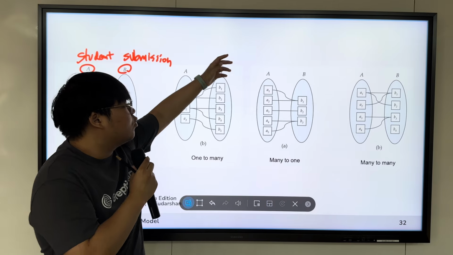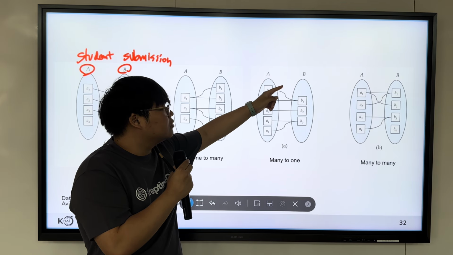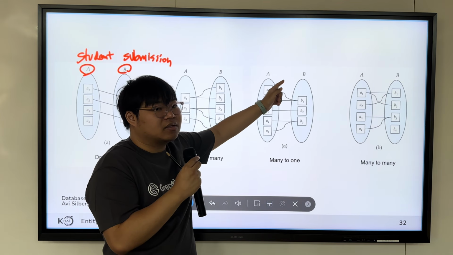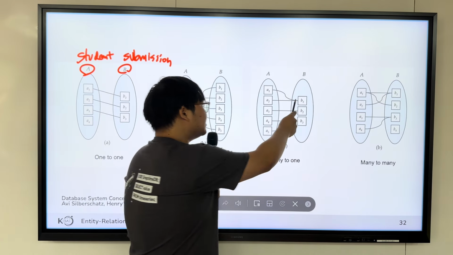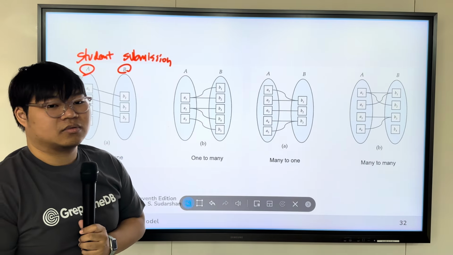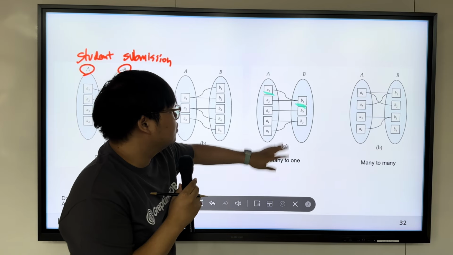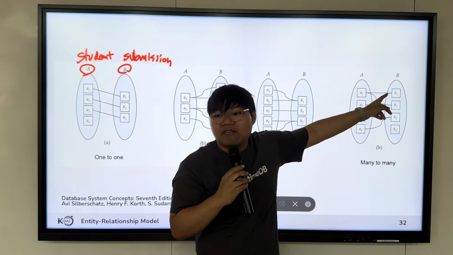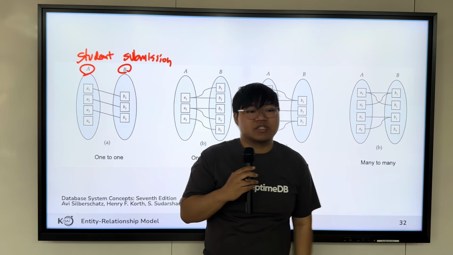Similarly, one or more students, or 0 students, can have only one submission. One submission may belong to multiple students. So each student can submit at most one submission, right? So this is many to one. Many to many means one student may have multiple submissions, and one submission may belong to multiple students.